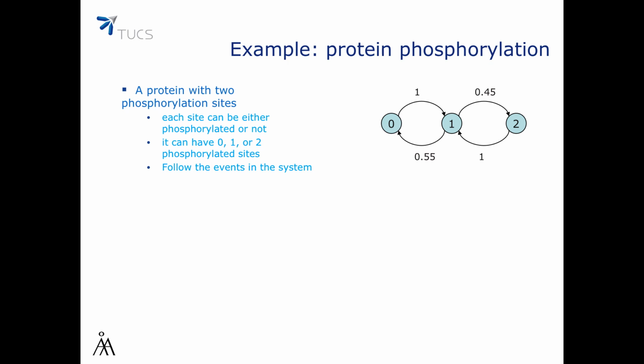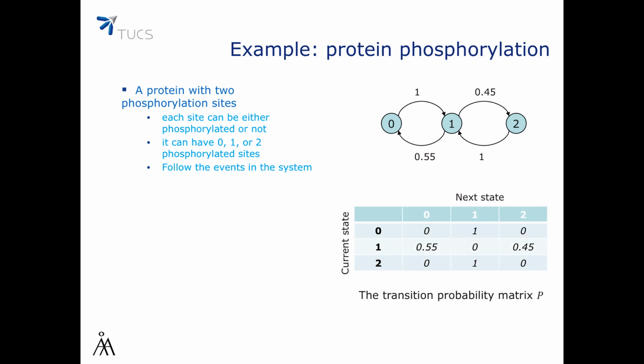But there is also a chance of 55% that the phosphorylated site will get unphosphorylated, meaning we go from state 1 to state 0. And finally, when we have both sites phosphorylated, there is a 100% chance that the next event in the system is going to be one of unphosphorylation, moving us to state 1.